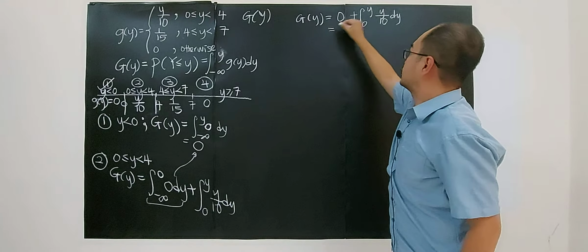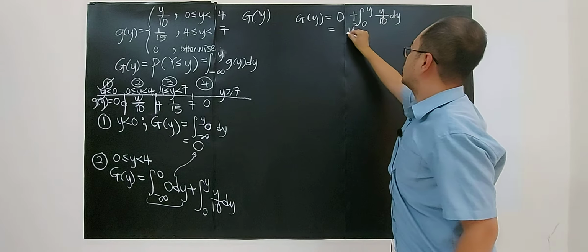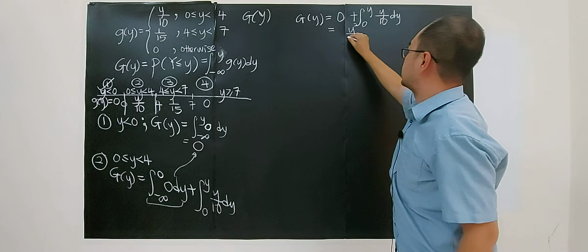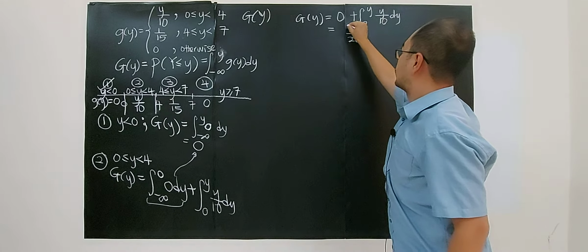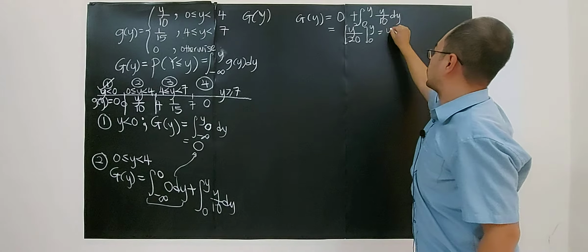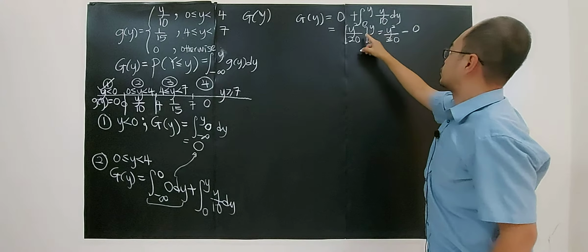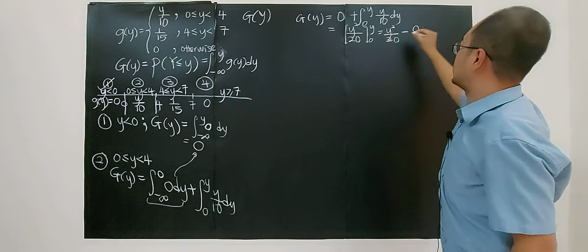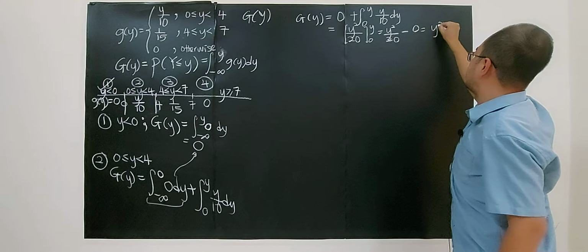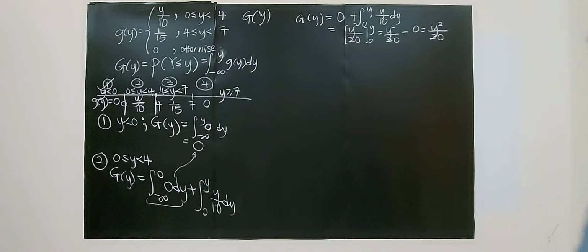Then integrating this, you have y to the power of 2 over 2 times 10, so you have 20, from 0 up to y. Substitute the y, you have y to the power of 2 over 20 minus 0 square over 20. So finally you have your cumulative distribution function for this interval will be y square over 20.